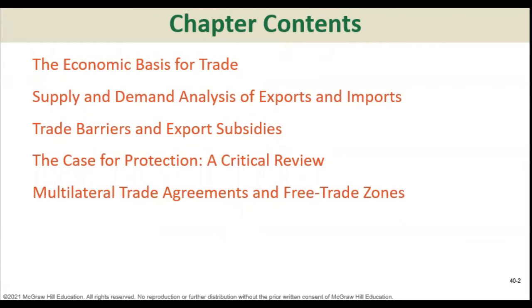At the end of the chapter, there's a good illustration using the case for protectionism. And also, we will look at some of the multilateral trade agreements and the free trade zones.